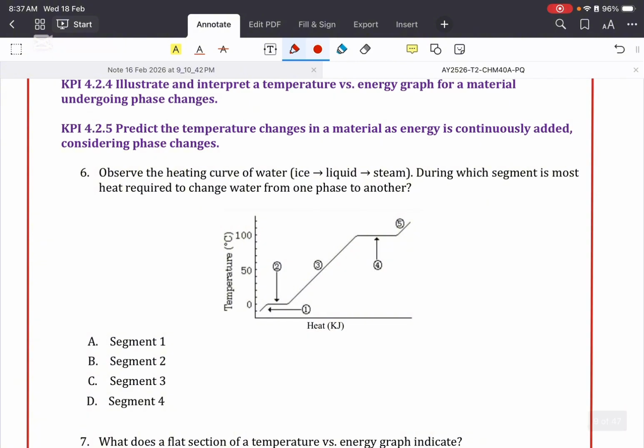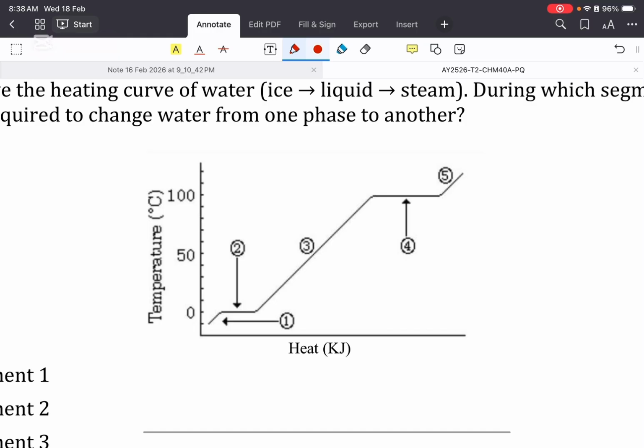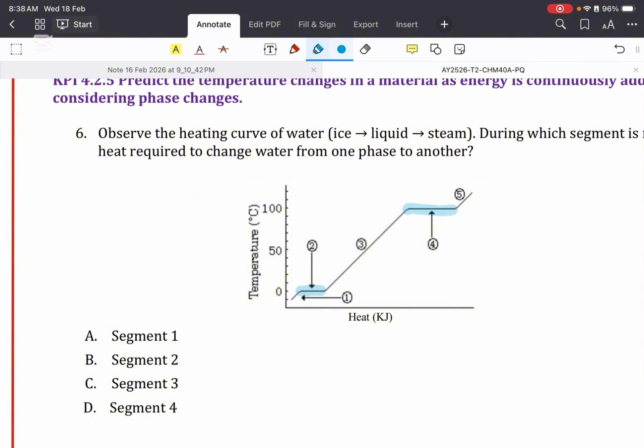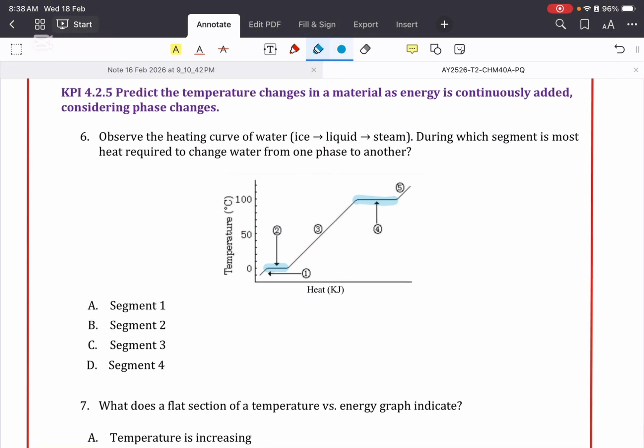Observe the heating curve of water: ice, liquid, steam. During which segment is most heat required to change water from one phase to another? If you note here, in every phase diagram of water, this segment is always smaller than this segment.